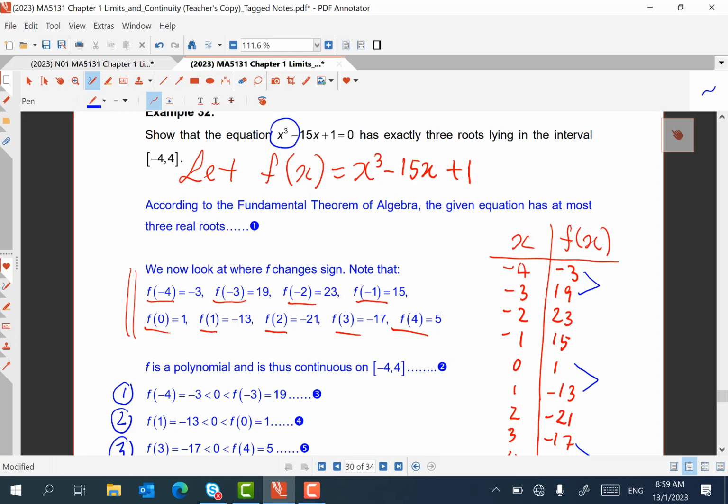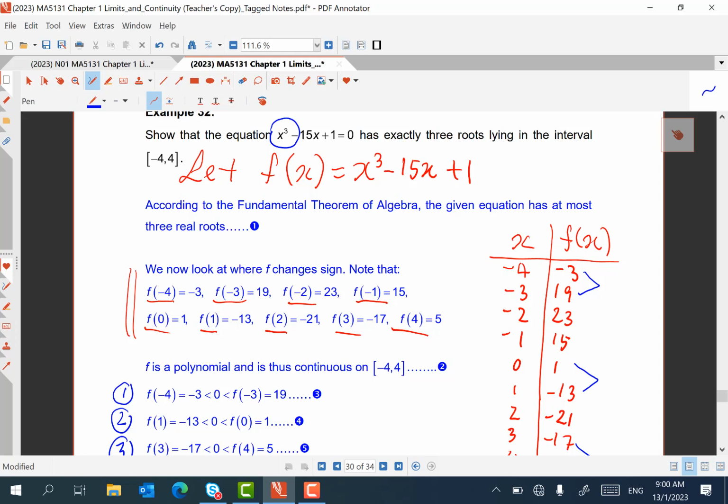Yeah, you're right. Jingwen, what do you mean by real roots? The term real roots. Roots means solution actually. What does real mean? It means roots, or solutions, which are real numbers.